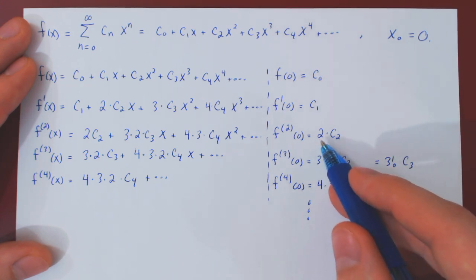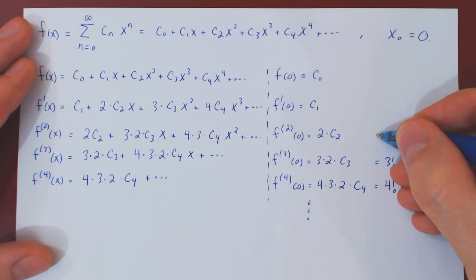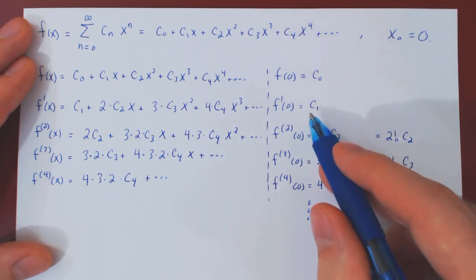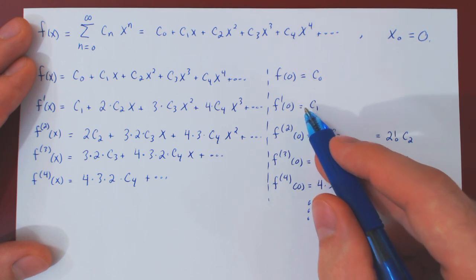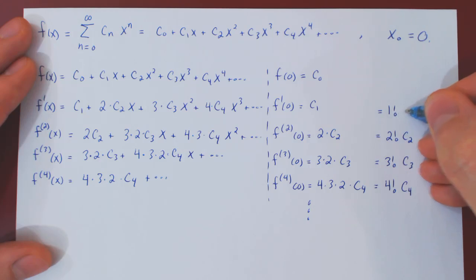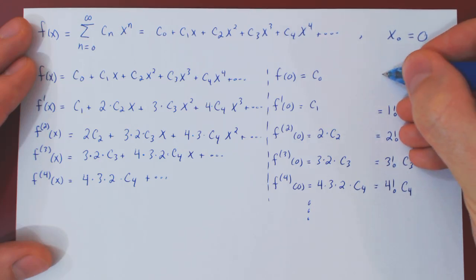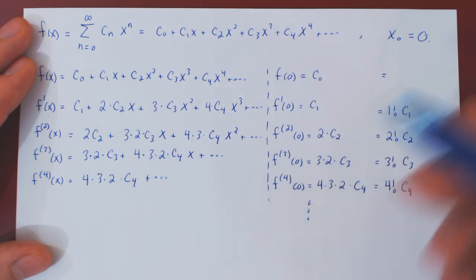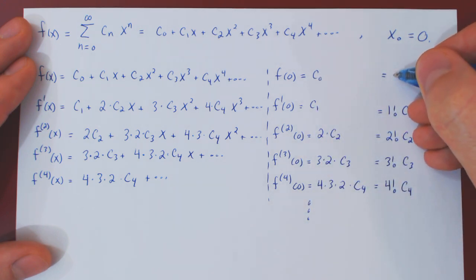Think of 2 as 2 times 1. That is 2 factorial. This is 2 factorial c2. Well, think of c1 being 1 times c1, and 1 is 1 factorial. Think of c0 being 1 times c0, and by definition 1, or I should say 0 factorial, is equal to 1.